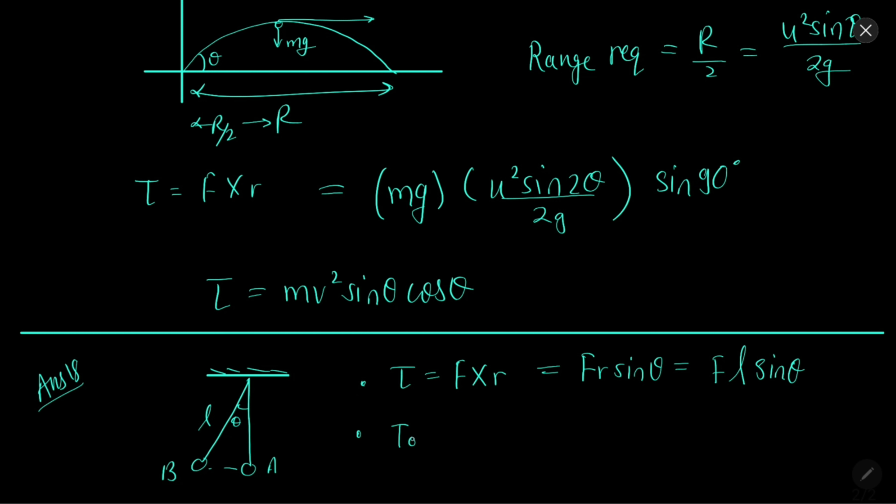So torque will be 0 at the lowest point of suspension, because the force acting on the body passes through the point of suspension.